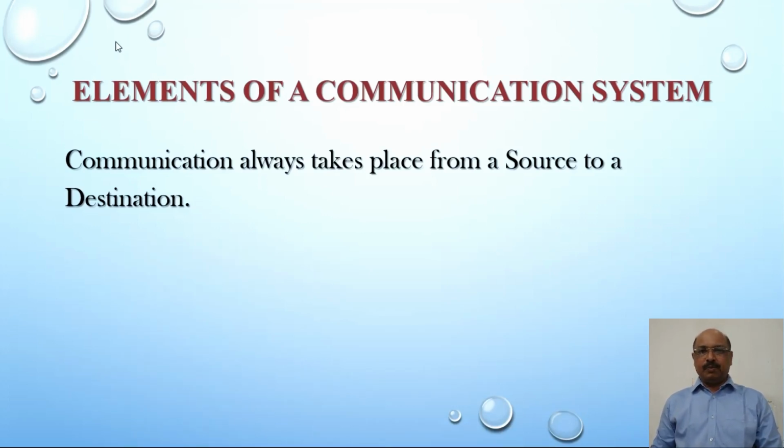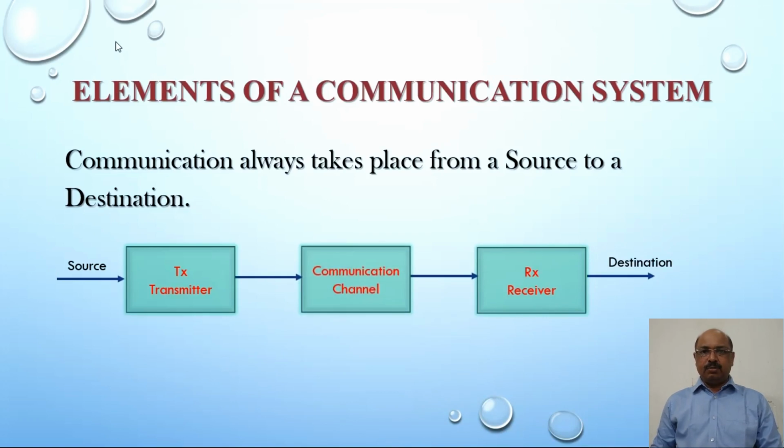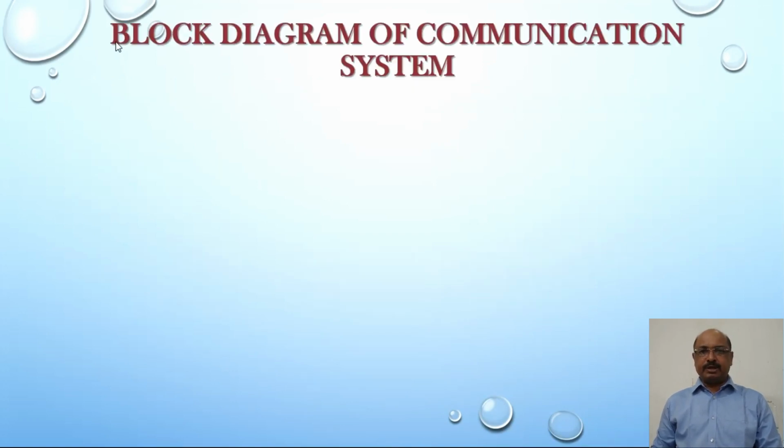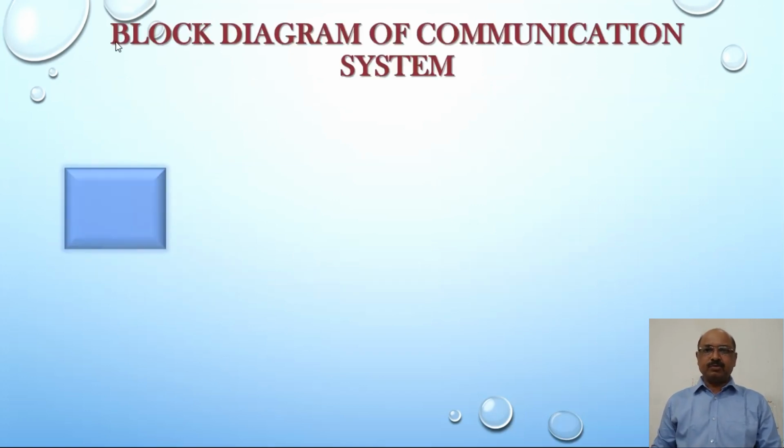The basic elements of any communication system are the transmitter, the receiver, and between them a communication channel. Let us see the detailed block diagram of a communication system. It has 5 basic blocks.